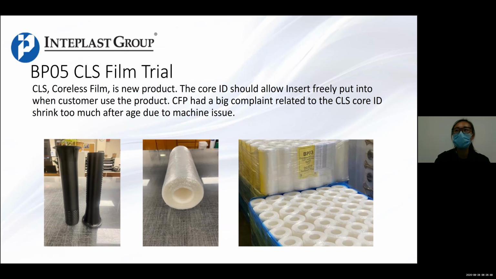CLS is correlate spin abbreviation. It is a new product. The core inside diameter should allow insert freely put into when customer use the product. CFV have a big complaint related to the coreless spin core inside diameter shrink too much after age due to much issue.